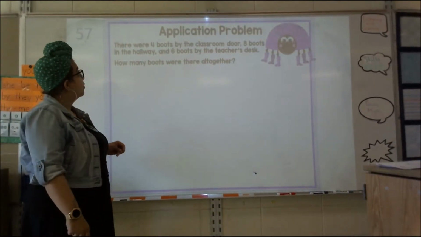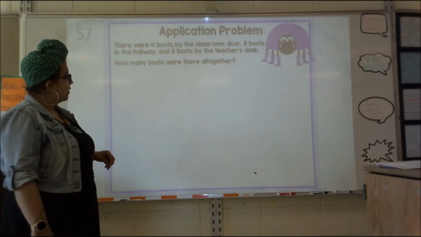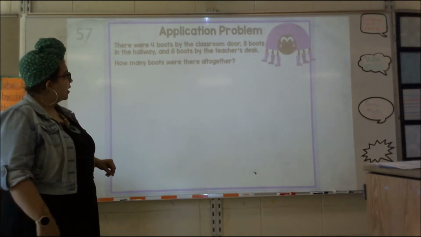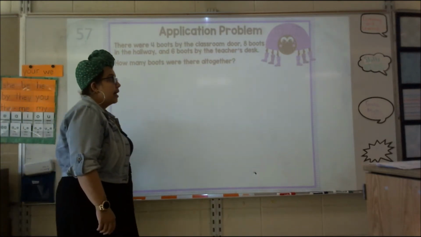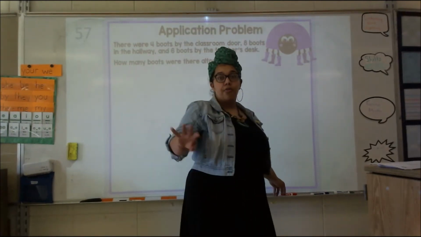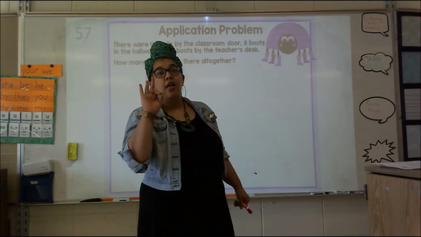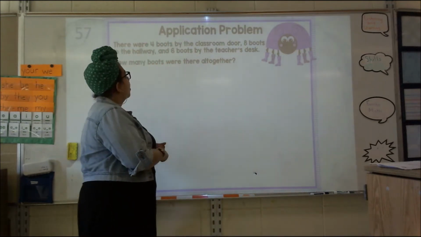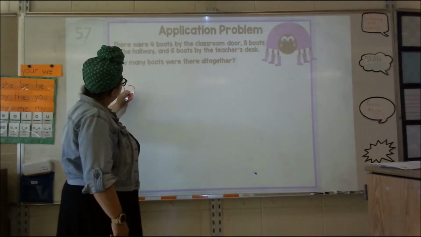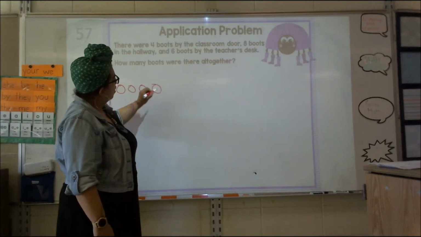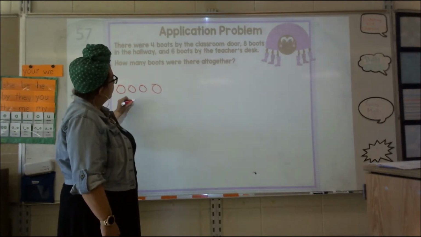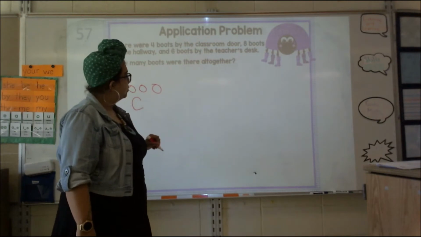Okay, so it says there were 4 boots by the classroom door, 8 boots in the hallway, and 6 boots by the teacher's desk. Let's draw to represent the different groups of boots. Now tell me real quick, how many groups of boots are there? 3. Good. There are 1, 2, 3, 4 boots by the classroom door.